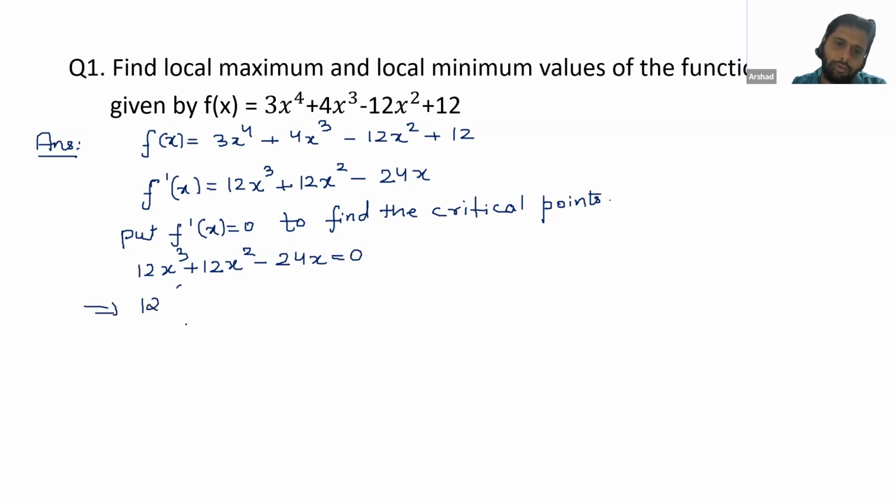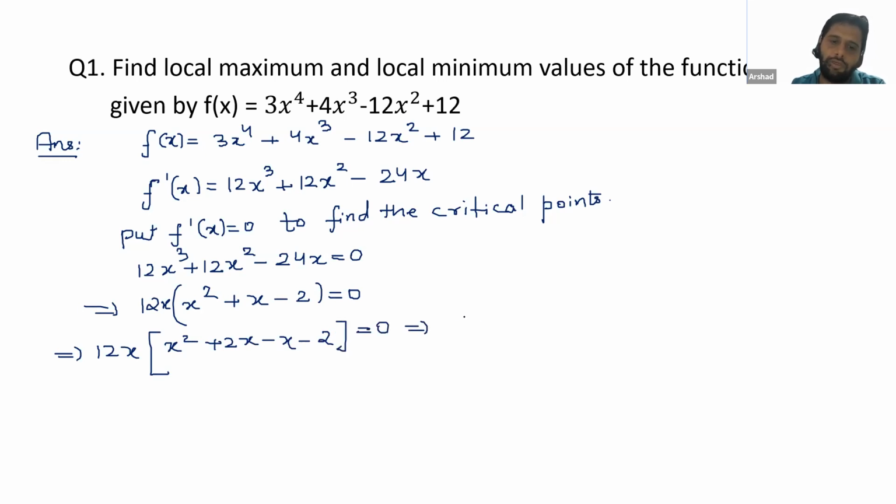So take out 12x, take this common. So what will you get? 12x times x square plus x minus 2 is equal to 0. And here please factorize it: x square plus 2x minus x minus 2 is equal to 0.